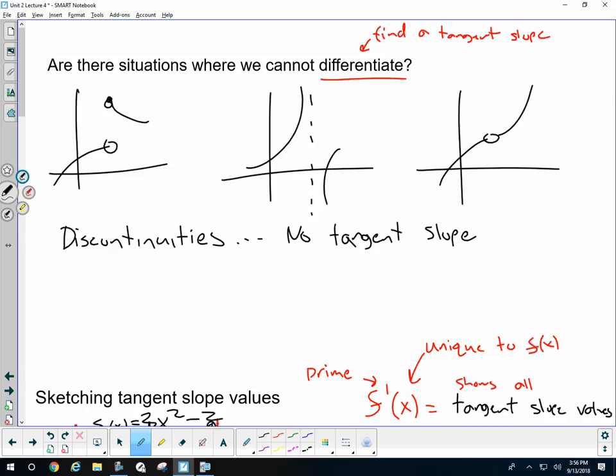The piecewise function says jumps, so they would not be continuous functions. But a certain type of piecewise function where they connect, yeah, that can be continuous, and I can see where there's a point where there's no tangent slope. What type of situation am I talking about? Any ideas?